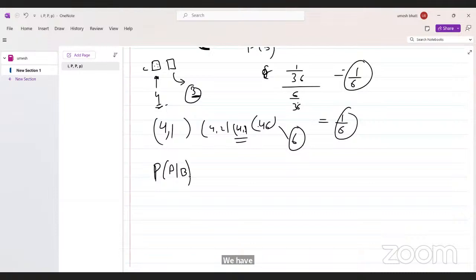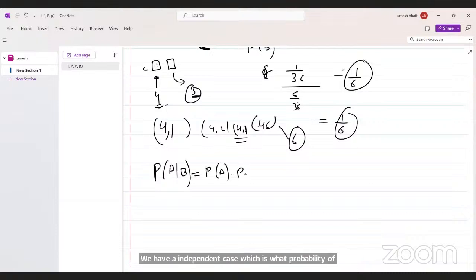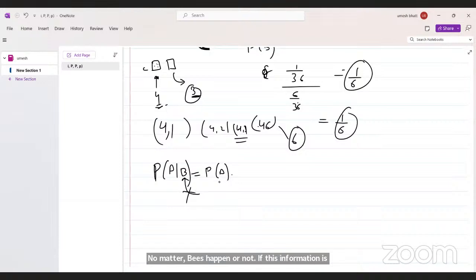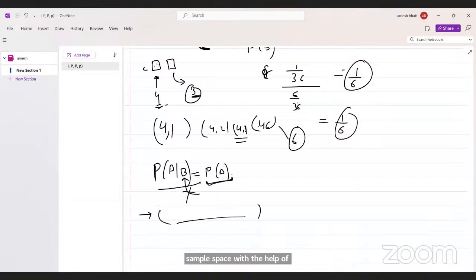Probability of A given B is probability of A. Oh sorry, this is not a product, this is just probability of A. This means no matter whether B happens or not, whether this information is given or not, the probability is the same. This is used when you want to find the probability of A and you know that B is independent of A, then by using B you can reduce your sample space, and then you can find the probability of A given B, which is the same as probability of A in case of independence.